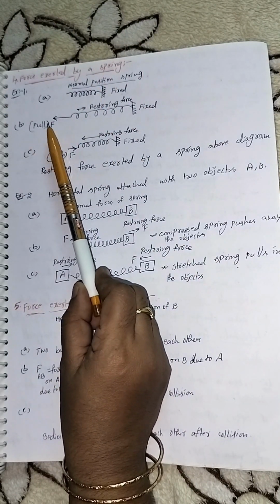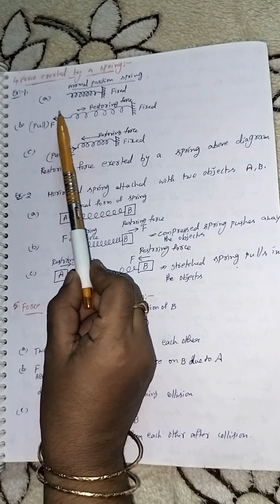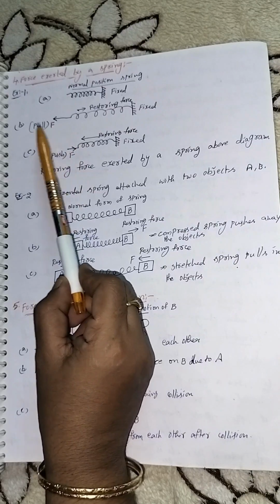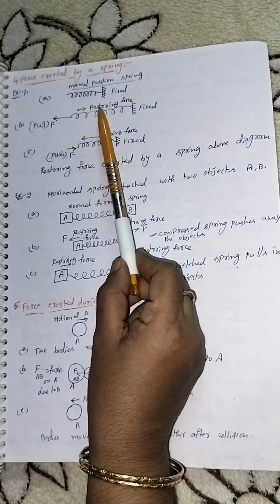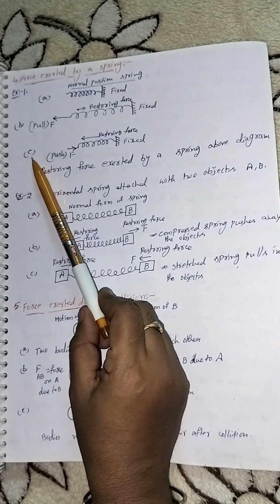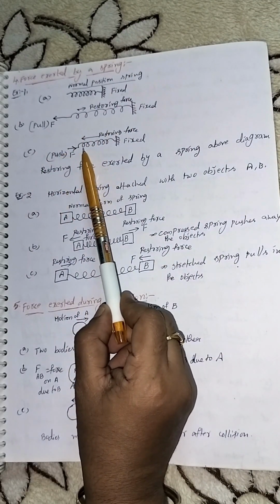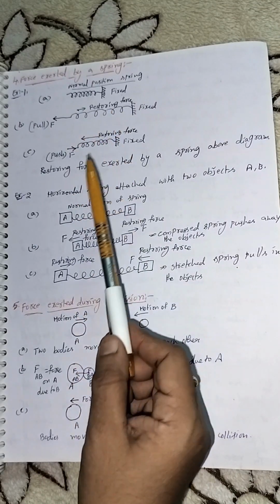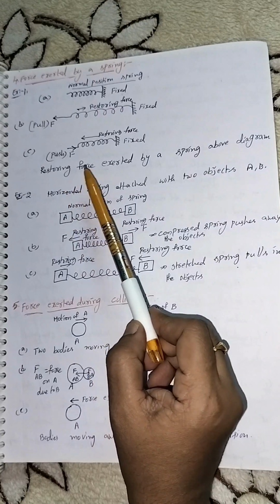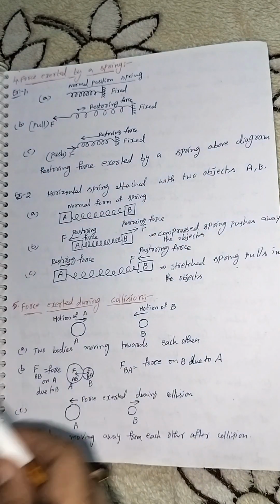In the second case, if we pull this spring to the left side, the force is in the opposite direction, so the force is to the right side. Third, if we push the spring inward, to the right side, the force is in the opposite direction. This is the restoring force exerted by a spring, as in the above diagram.